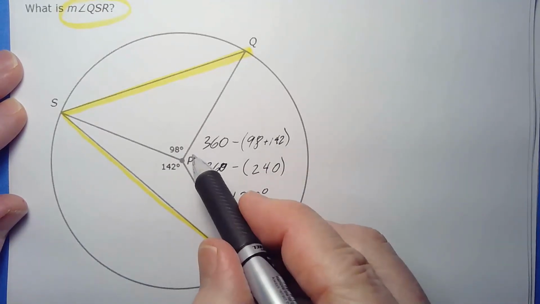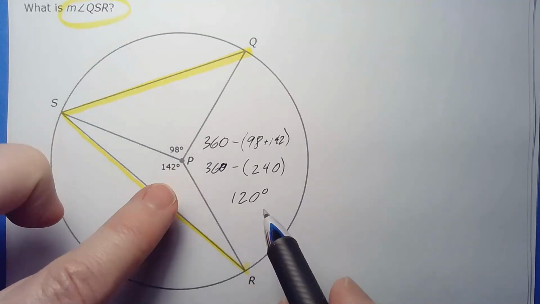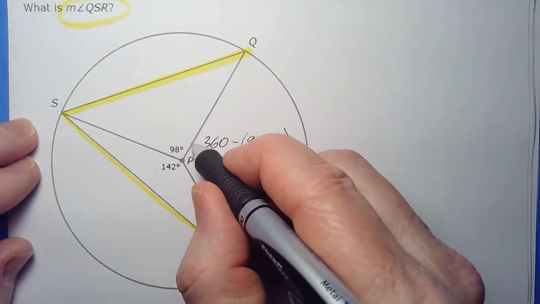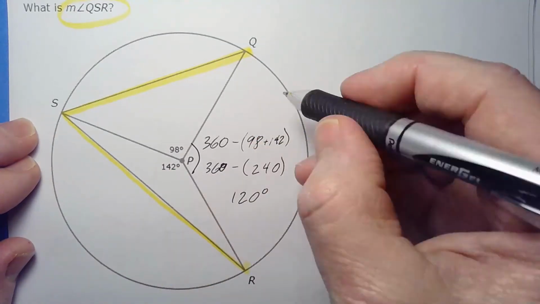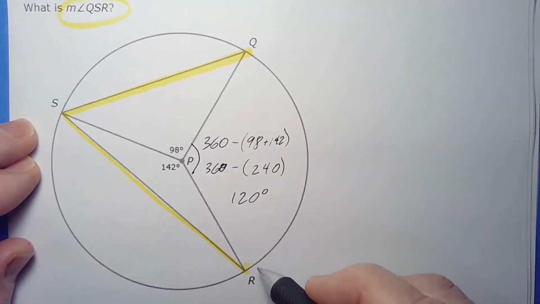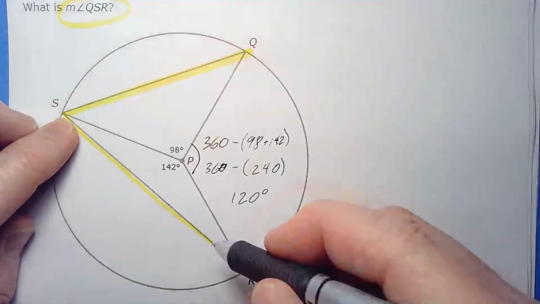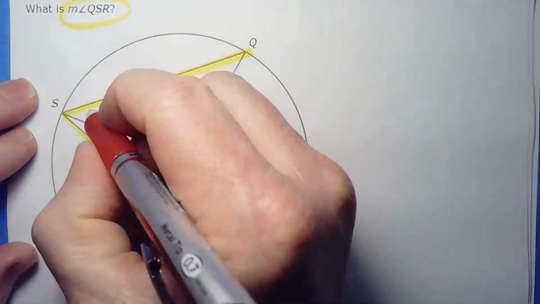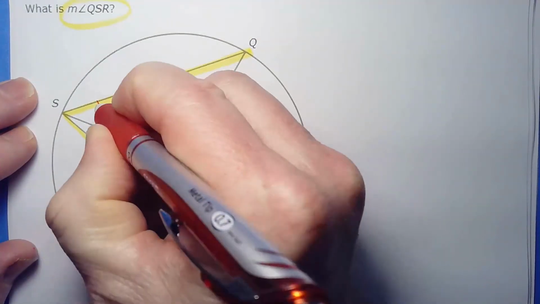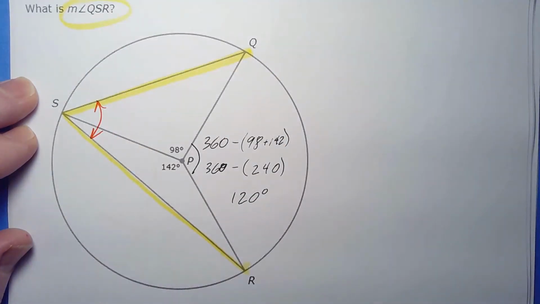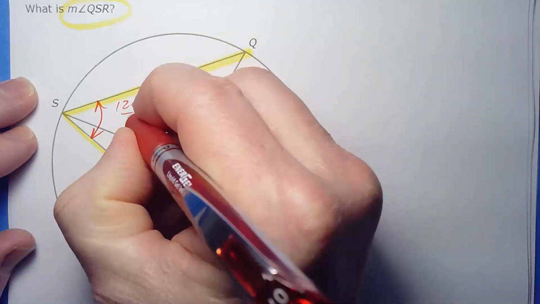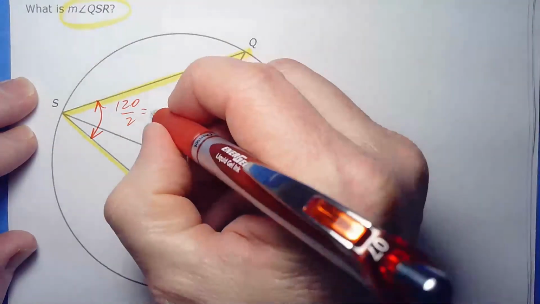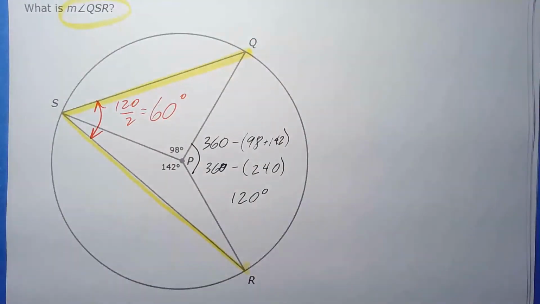So this is 120 degrees. Well, if this angle here is 120, then this arc is 120, and QSR is half of that. So therefore, this angle right here, from there to there, is 120 over 2, which is 60 degrees.